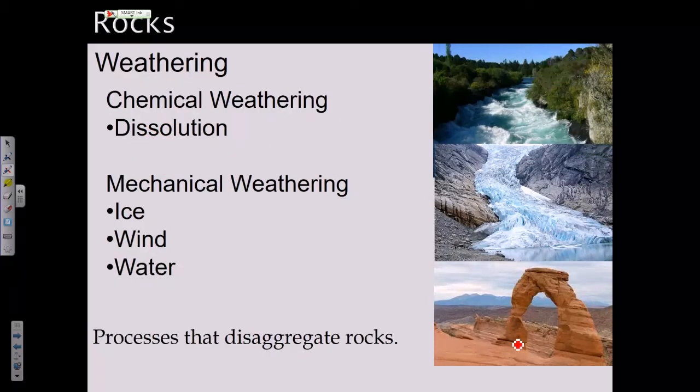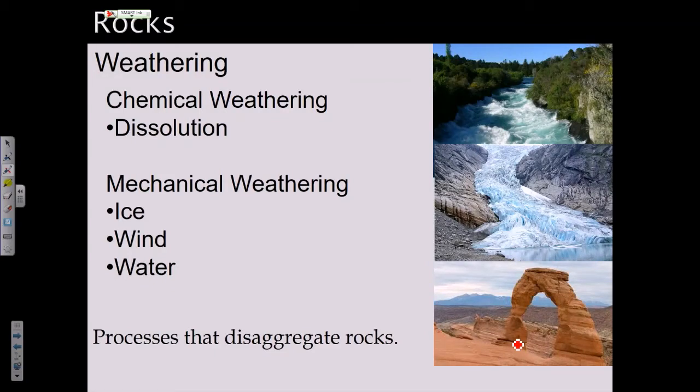How do we get the sediments, right? Because it's the sediments, or the chemical ions in water, that produce sedimentary rocks. Where does this stuff come from? It comes from the weathering process. So we could dissolve rocks at the Earth's surface. This is fairly common.